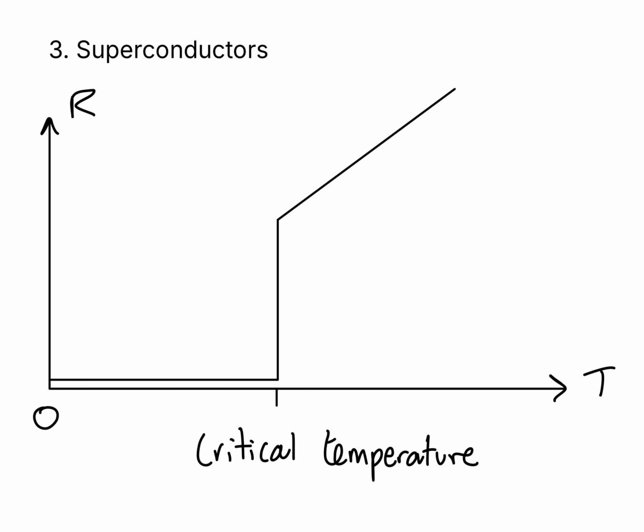The channels never collide at all. Zero resistance means zero energy lost as heat, which is why superconductors matter so much for things like MRI magnets and lossless power transmission. However, the materials are very expensive and need to be cooled to a very low temperature, so they're not really used that much in our daily lives.